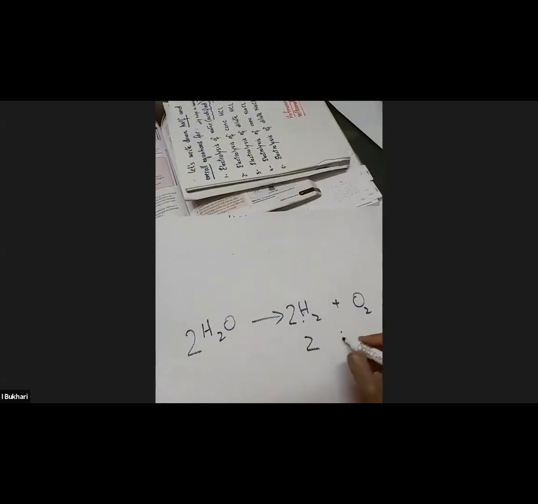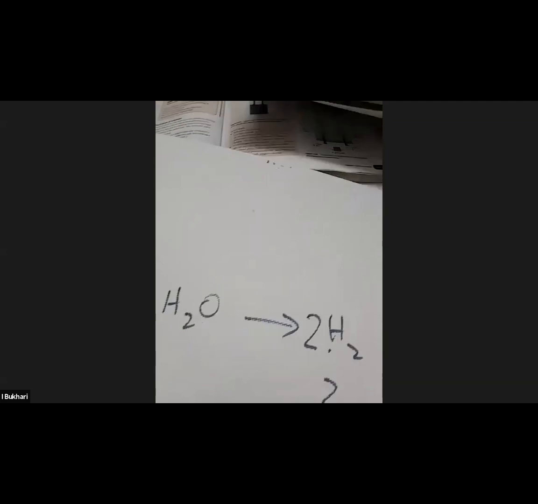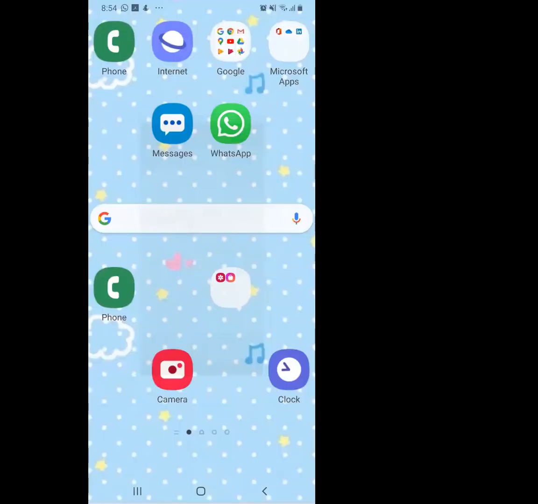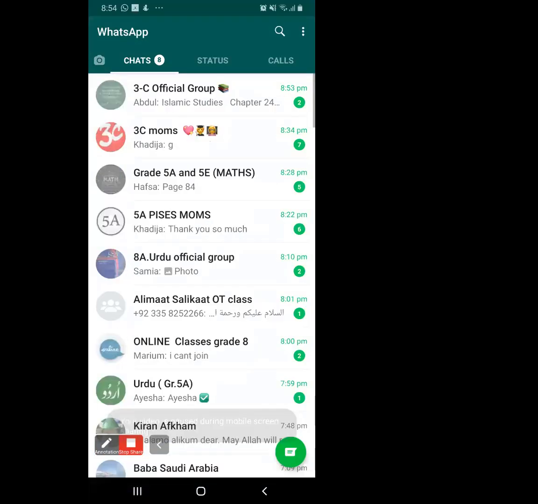So yeah, 2:1. Okay. Now, once we have discussed all these electrolysis and their half reactions and everything, now let's discuss this Hofmann voltameter. Hofmann voltameter is an apparatus, and now I'm sharing my screen. Hofmann voltameter is that apparatus.